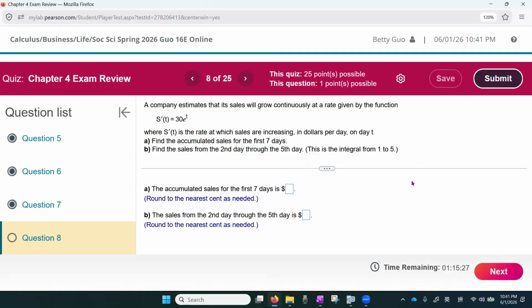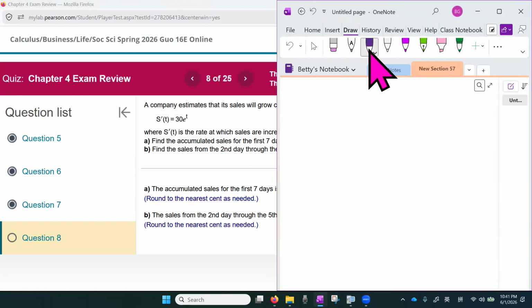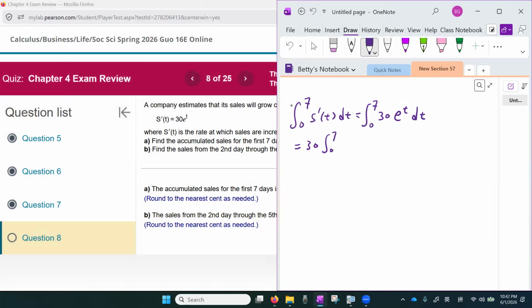For part A, accumulated sales for the first 7 days, so 0 to 7. The integral of 30 e to the power t dt. We can take the 30 out, the integral from 0 to 7 of e to the power t dt.